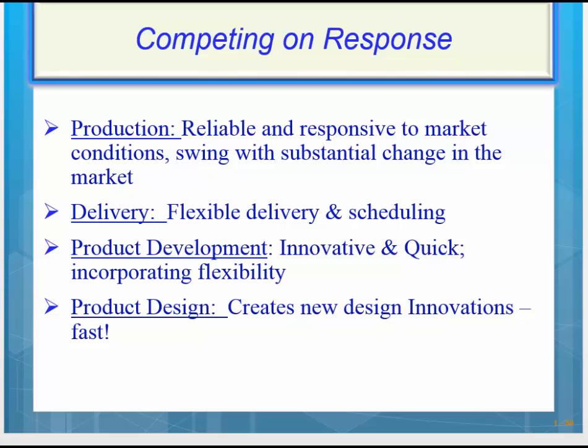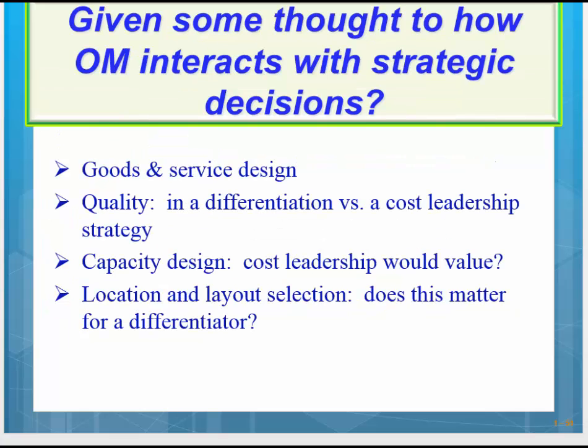Now let's just talk a little bit more about how operations management interacts with this stuff. So when we make a decision to be a cost leader, or we make a decision to be a differentiator, this is going to affect our decisions, like about goods and services, right? We want to design goods and services that fit with our strategy.